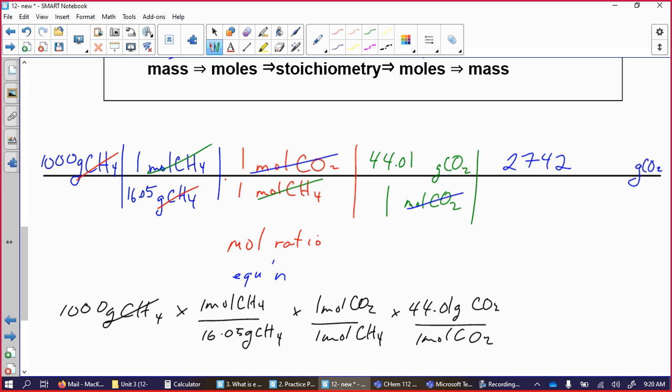Everything's the same. Gram CH4 cancels, moles, moles. But this is how my teachers did it. This is just a little bit more concise and for a lot of students nowadays is less intimidating, because it's like, holy crap, there's 3 fractions. I don't know what to do. Well, the fractions are all there. So that's the first one we're going to look at today. We're adding a step at the beginning, adding a step at the end, and that's it.